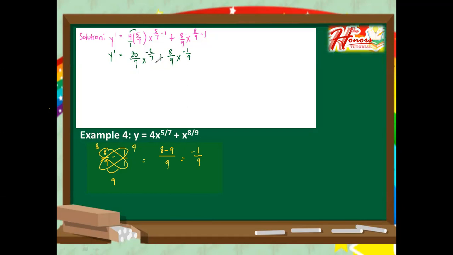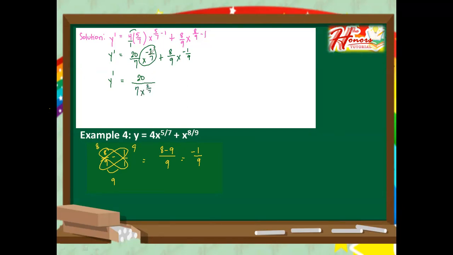Okay, let's simplify that because we have here a negative exponent and we don't want that to be in our equation and final answer. So it will become y prime is equal to 20 over, since this part is the part that is raised to a negative exponent, we will be transferring it in our denominator. So it will become 7x raised to 2 over 7.